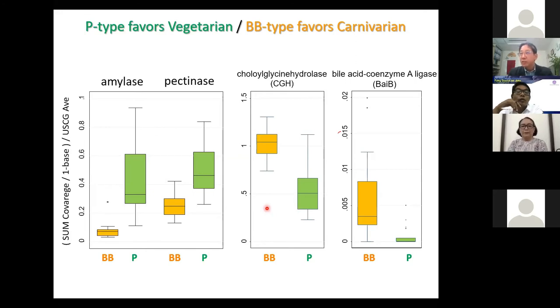The methodology is simple because you just sequence everything, not only 16S but also all of the other genes. The methodology is simple, but it costs too much, maybe more than 10,000 times that of just sequencing 16S rRNA.